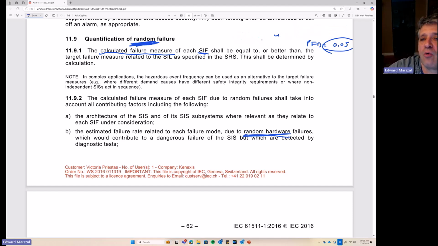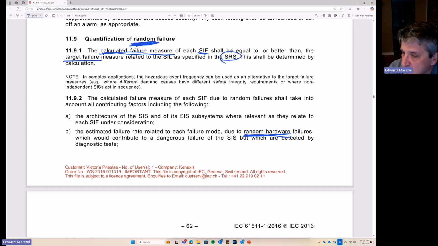So we're trying to determine whether or not we achieved our calculated failure measure. It must be better than the target measure as it was specified in the SRS. Our SRS is telling us what the SIL targets for all our functions are.